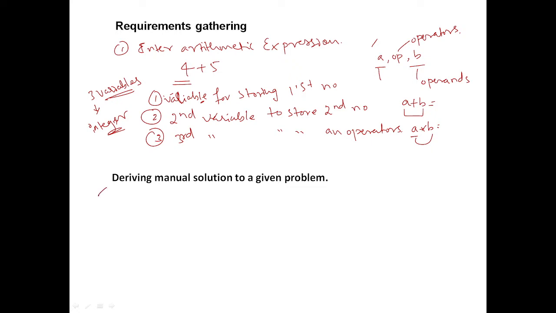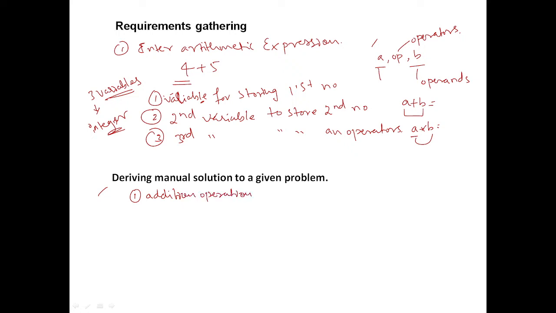So now let us derive a manual solution for how to solve this problem, right? There are four cases we are considering here. The first case is the addition operation.